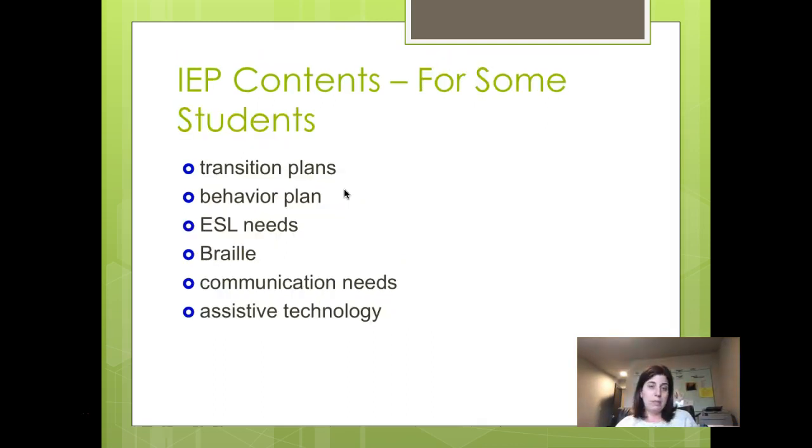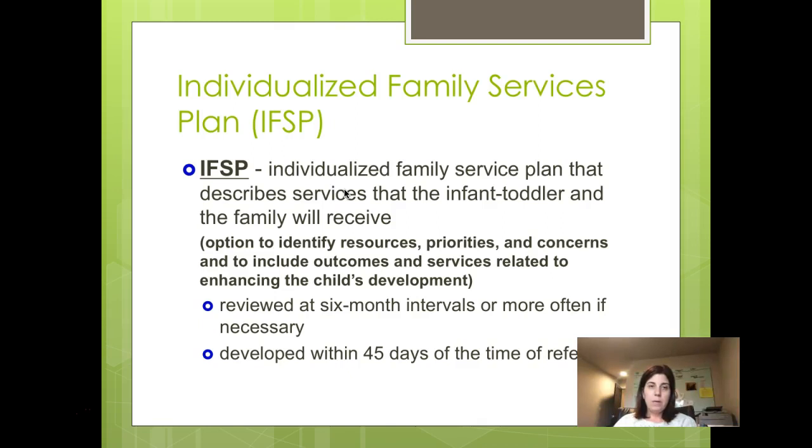And for some students, these other items are included on the IEP as well. For an individualized family services plan, so that's the birth to 3, it's fairly similar, but it's reviewed at 6-month intervals or more if it's necessary. It's a family services plan, so it is much more family oriented instead of student specific.